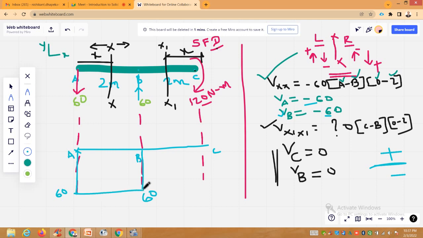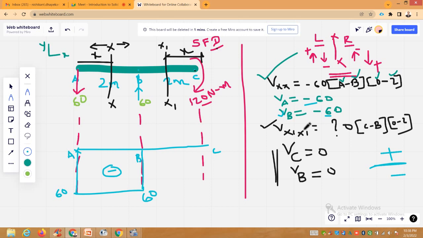In my previous lecture, you can listen carefully to my lectures. Unless the degree of the equation, x square, x cube, is there, you cannot plot curves like this. If you are getting minus 60x square, suppose in different types of loadings, then you have to plot and join the points with a second degree curve.